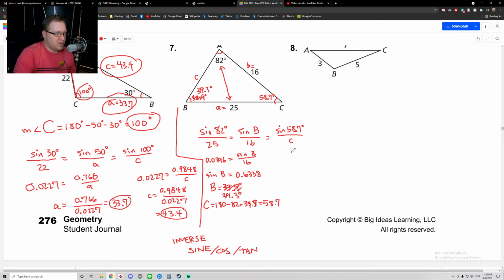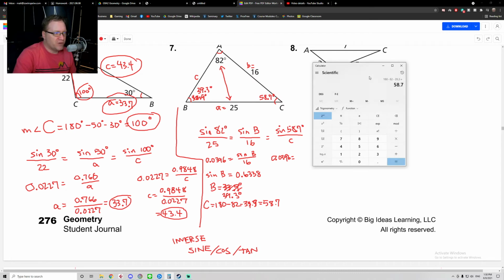So let's find the sine of 58.7 on our calculator.